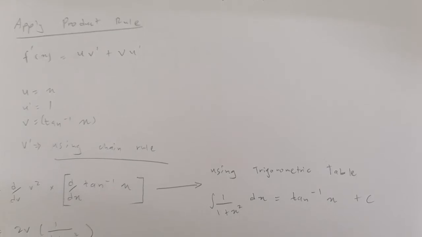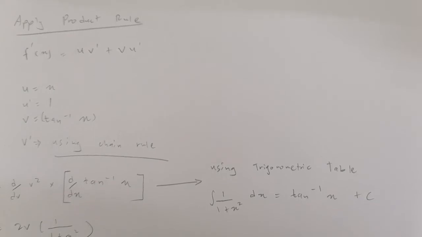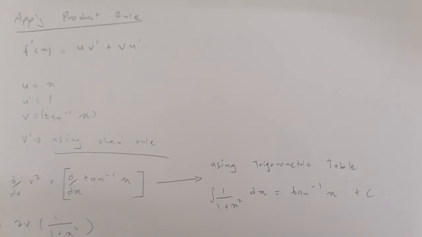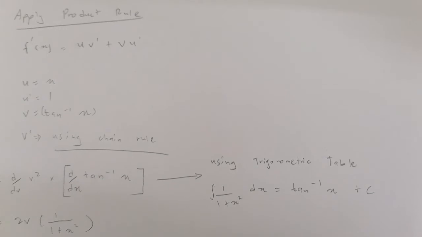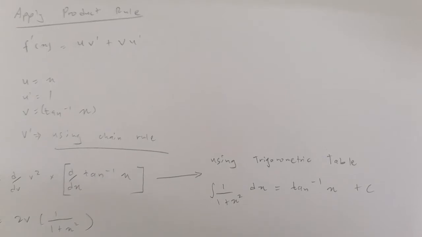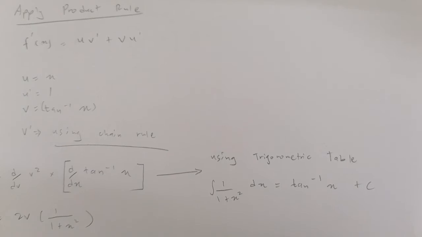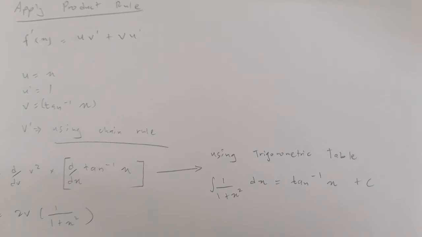We differentiate the outside first, v squared, we get 2v. After that, we have to differentiate inside the v, which is the inverse tan x.